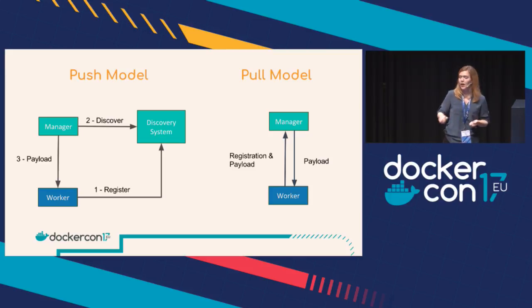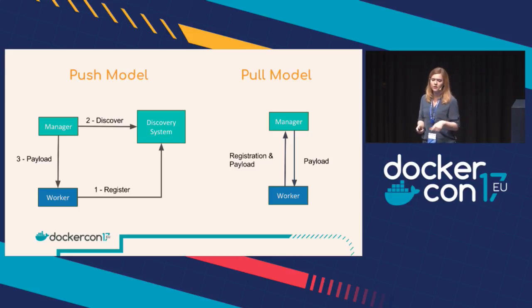In the push model, we have a manager up there in the top left corner. The manager needs to communicate with the worker, but the worker doesn't self-register with the manager, so the worker needs to first communicate with some kind of discovery system. That way the manager can look at that discovery system, understand where the worker is, and then send a payload down to the worker. So that's the push model.